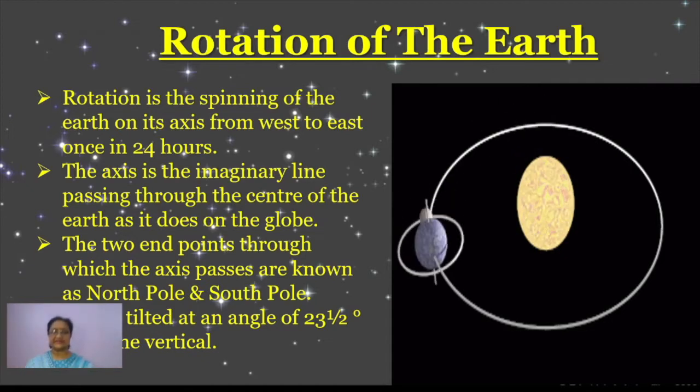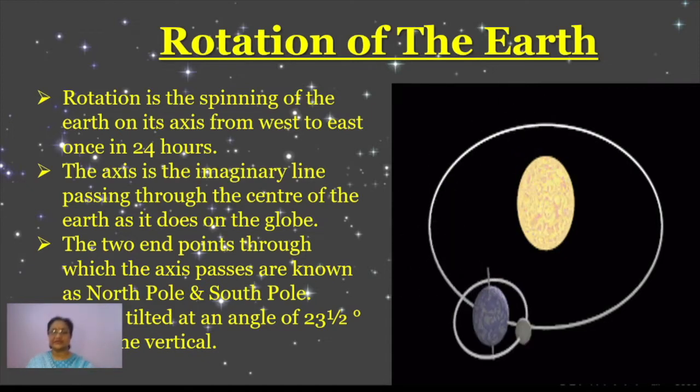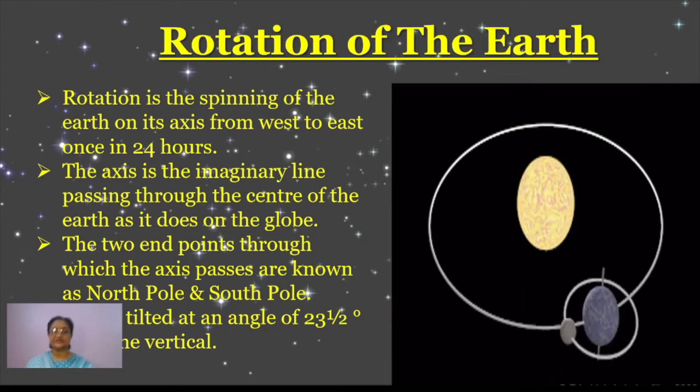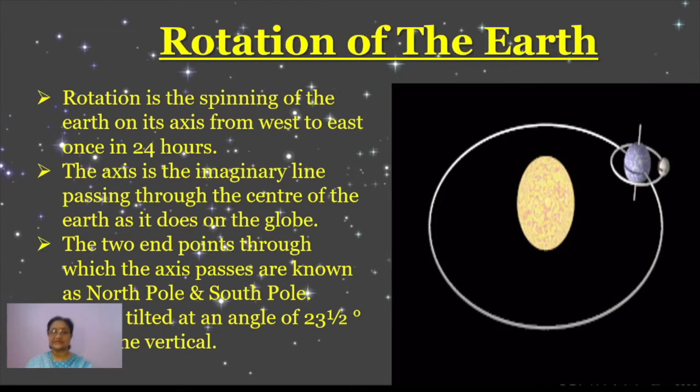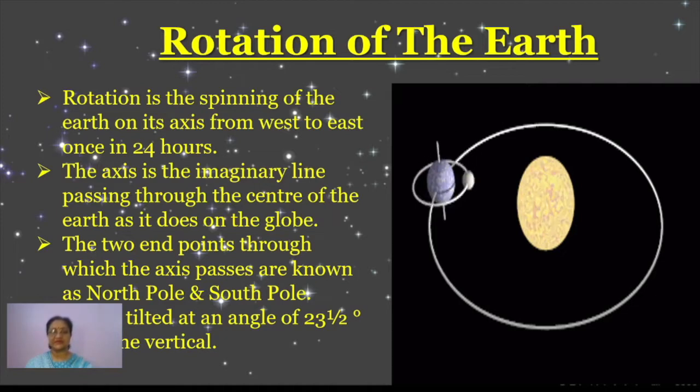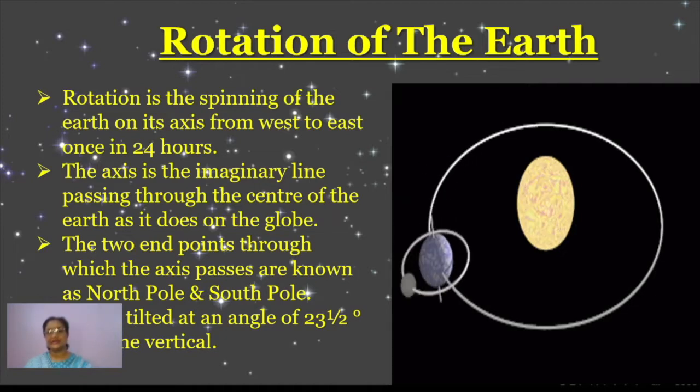Then this axis is actually an imaginary line which passes through the center of the Earth, and it joins the two poles. The two end points through which the axis passes are known as the North Pole and the South Pole.